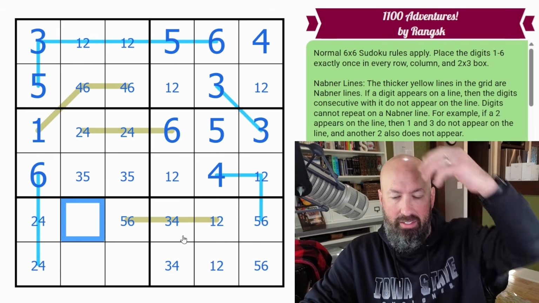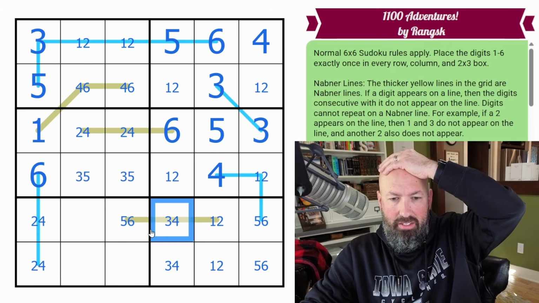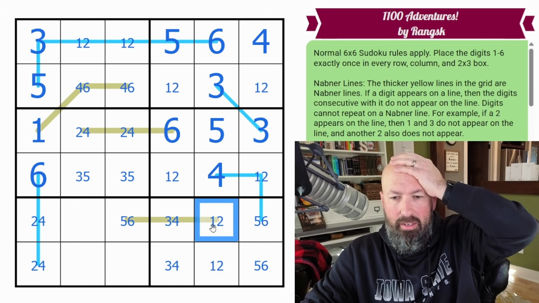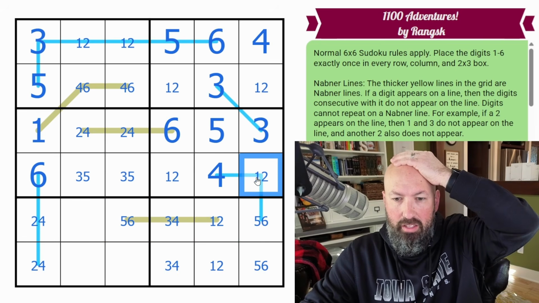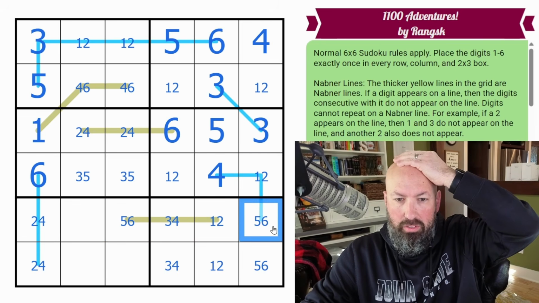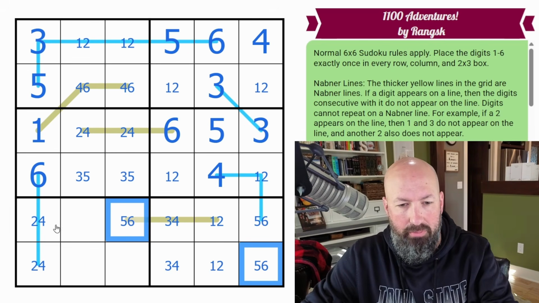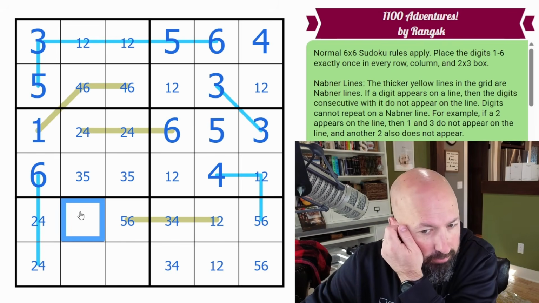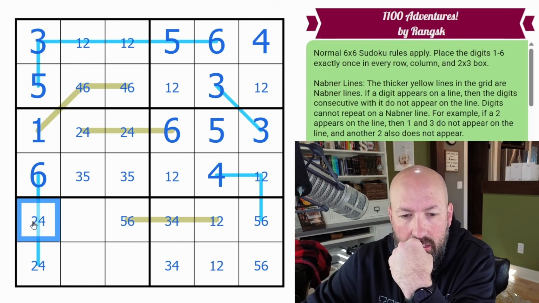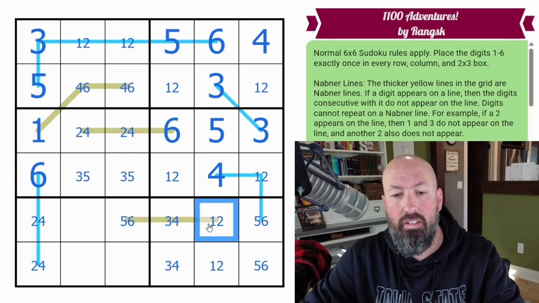Is it something with this line that I'm just being silly about? This can be 1 with 5 or 2 with 6. Well, these two have to be the same, but why do we care?